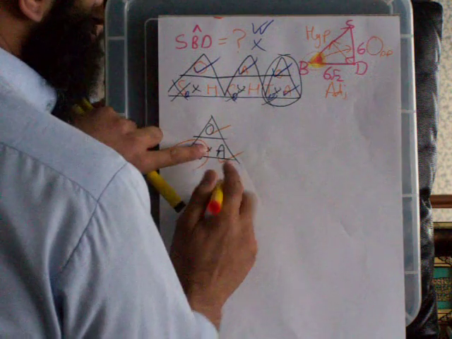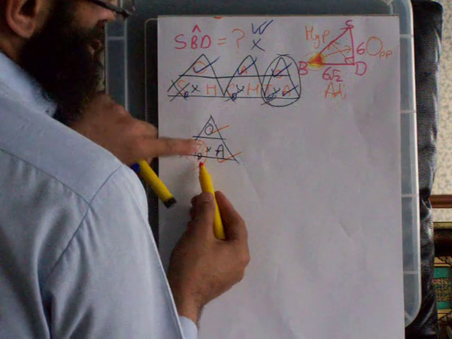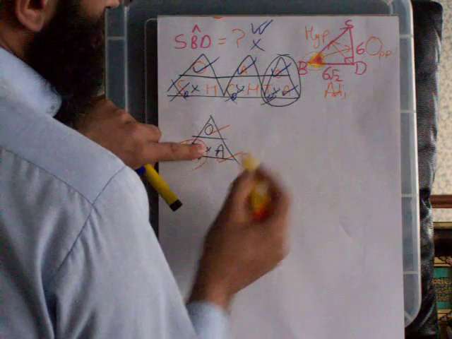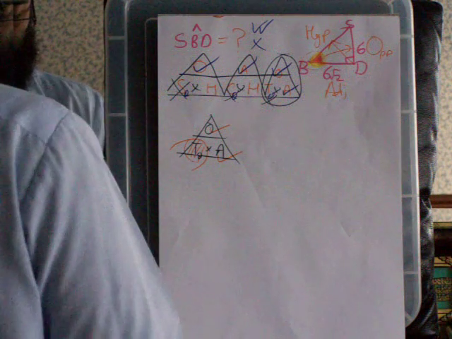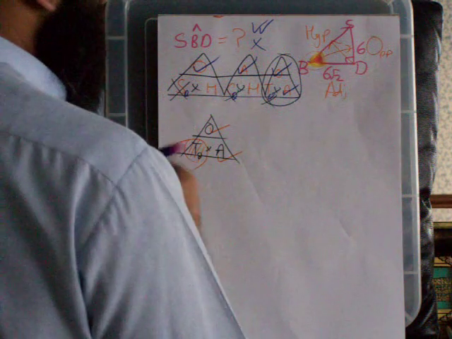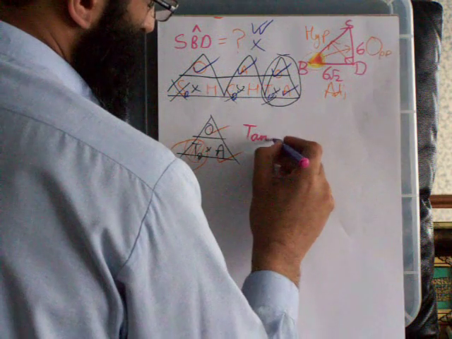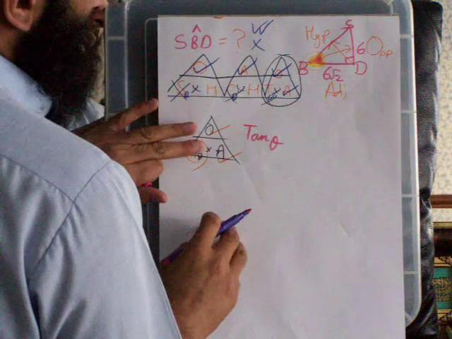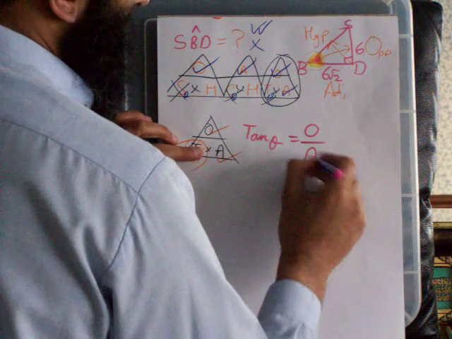So we cover this up with our finger, and the tan of the angle will give us opposite divided by adjacent. So we write that now. The tan of our angle is equal to the opposite divided by the adjacent.